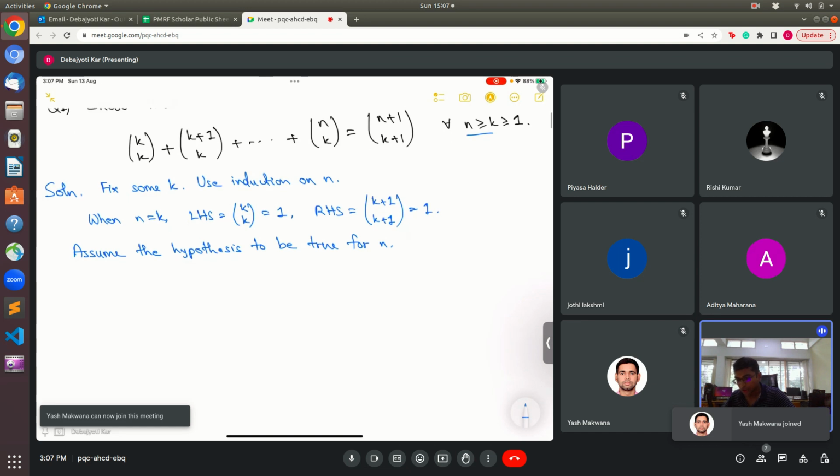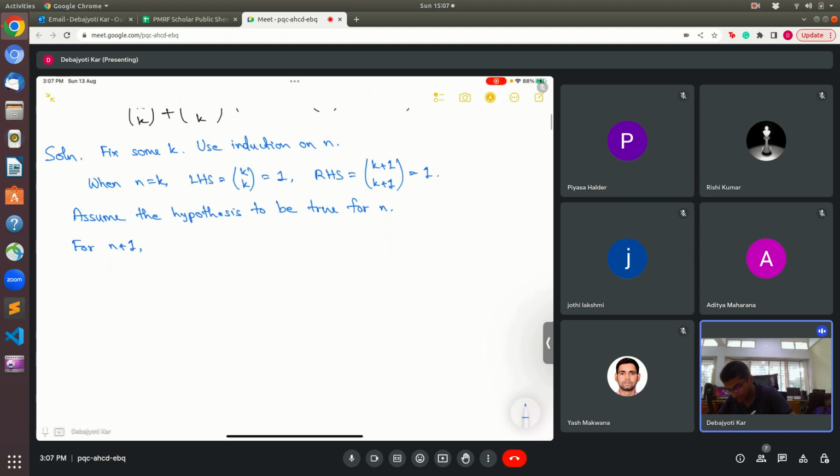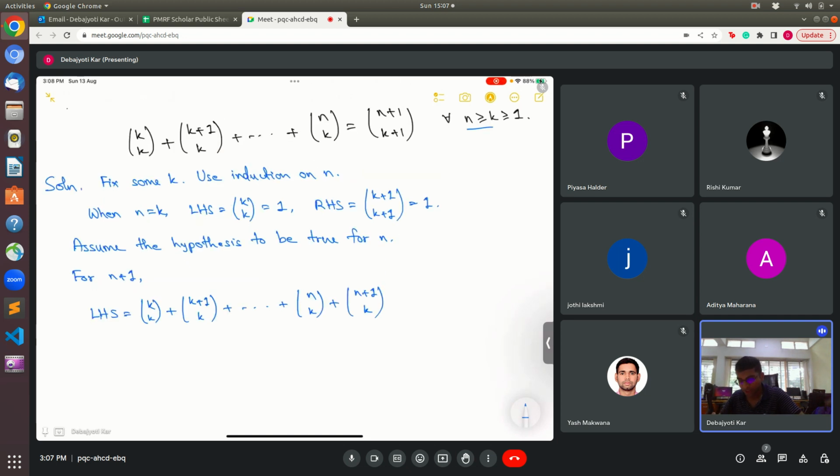Now we have to show this when n is equal to n plus 1. For n plus 1, what is the LHS? This thing, right? When n is equal to n plus 1, this is my LHS.